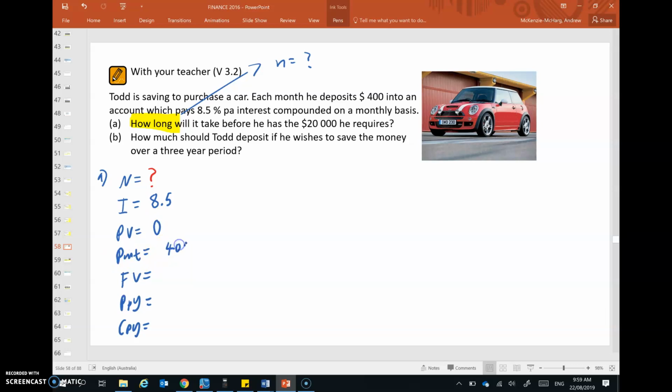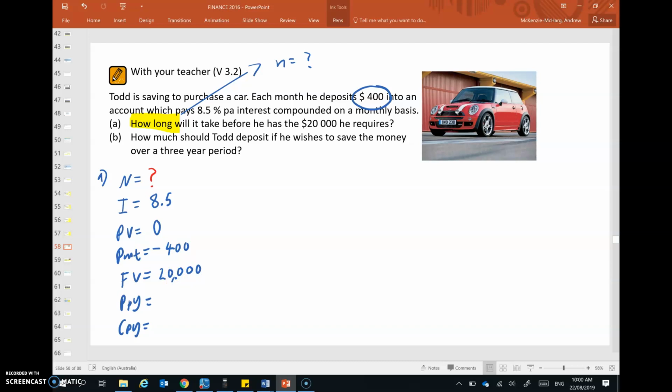Now we're going to put $400 because it's a $400 deposit each month. Remember, any money that comes out of pocket is considered negative. So any money going into the bank, out of pocket into the bank is negative. So that's got to go as a negative 400. The final value, he needs $20,000. Now, when he gets that money, that'll come back out of the bank into his pocket. So we leave that as positive.